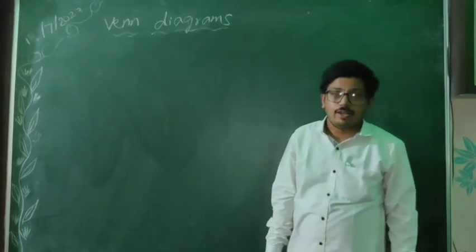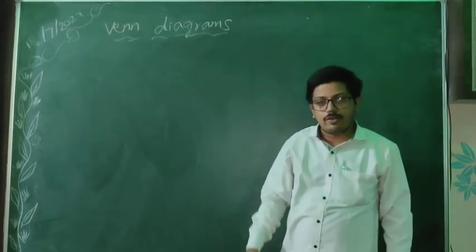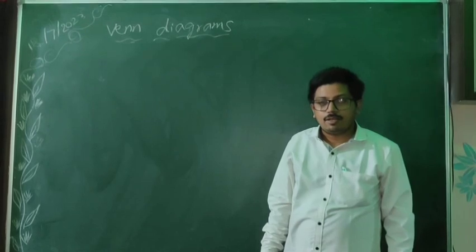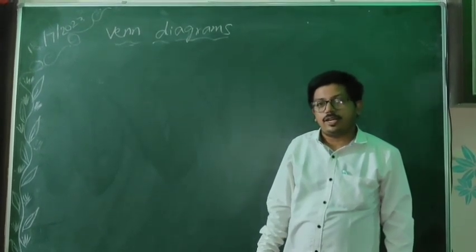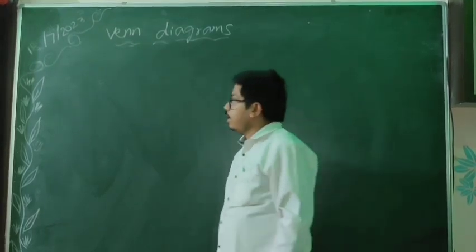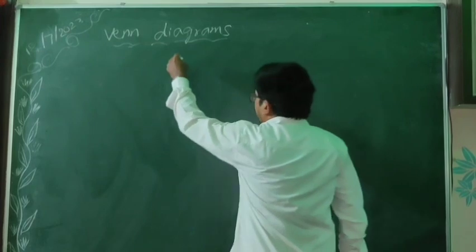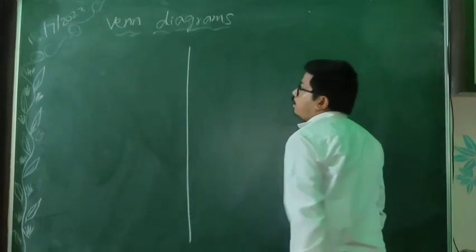I want to take two cases. One is where A and B are not disjoint. In the other case, A and B are disjoint. So I will divide this board into two parts.